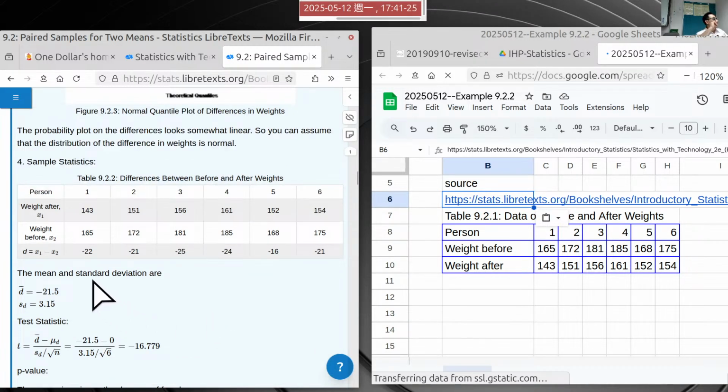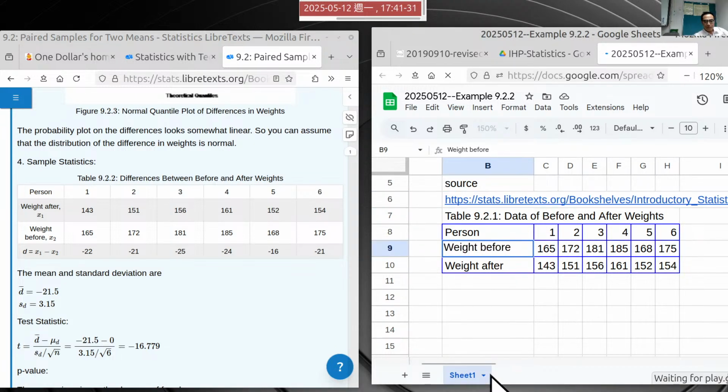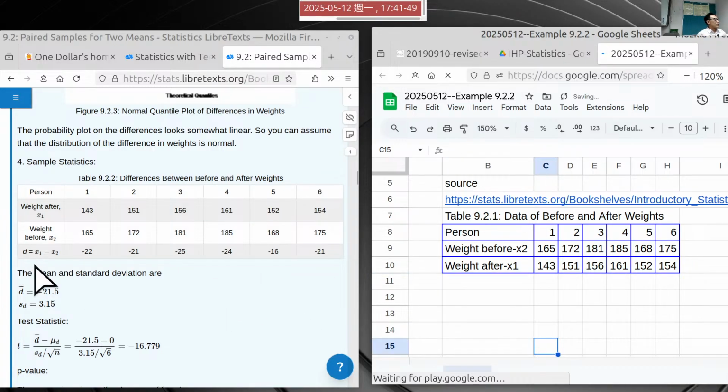Okay, the first one, we need to calculate. Before, that is X2. And after, that's X1. So D equals X1 minus X2.